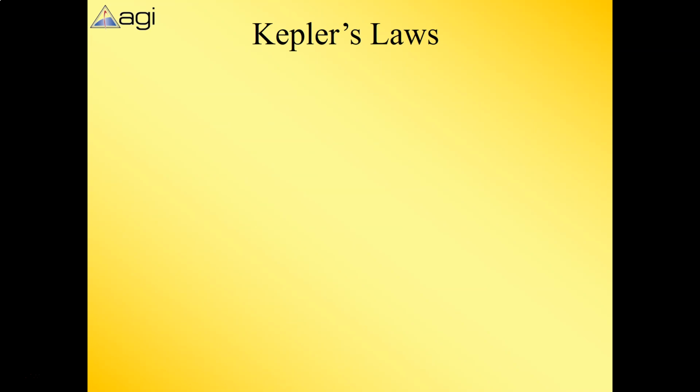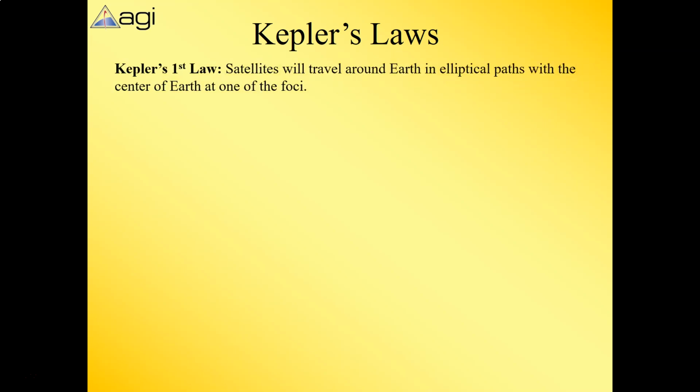Kepler also came up with some planetary motion laws. His first law states this: satellites will travel around Earth in elliptical paths with the center of the Earth at one focus. We've seen this.